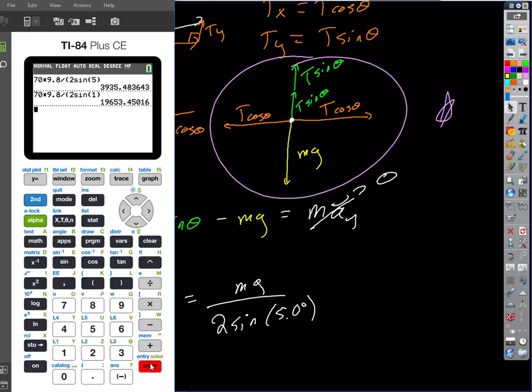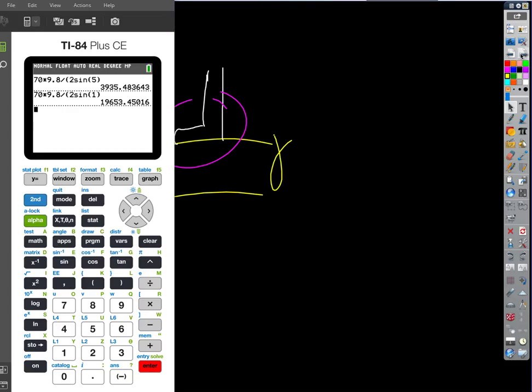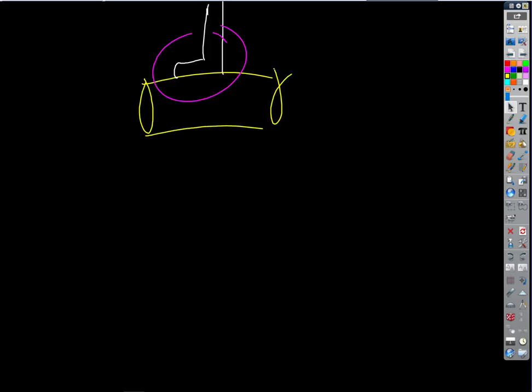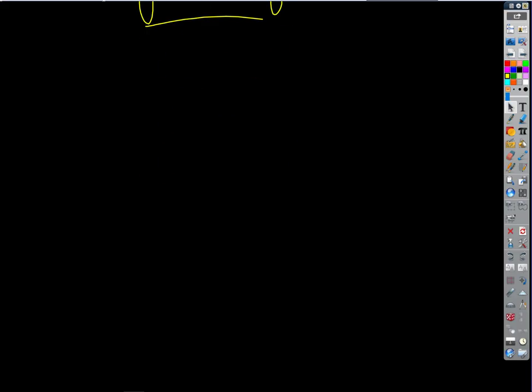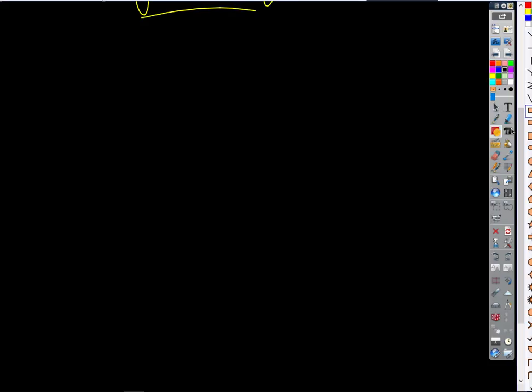Right. So I could represent this visually. Let's just look at half of it. I'm not gonna do the whole thing. We'll look at one side of the wire, right? So let's say this is the amount of weight that we have to offset.